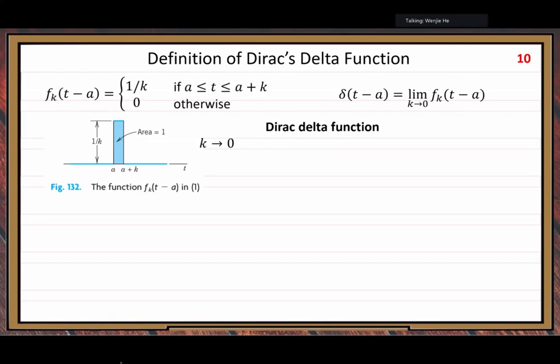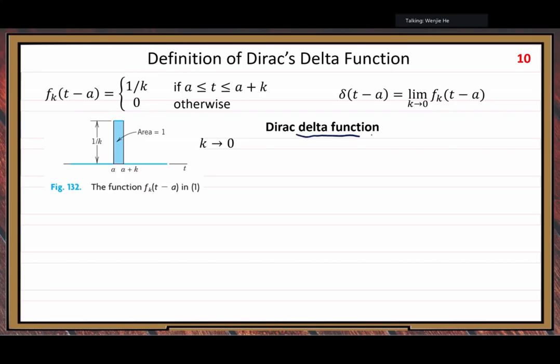But people still call it the Dirac function, the delta function. I mentioned this once before, but at that time it was too early, so you may not have an impression. Now we are at this point. So this delta function is not a real function.